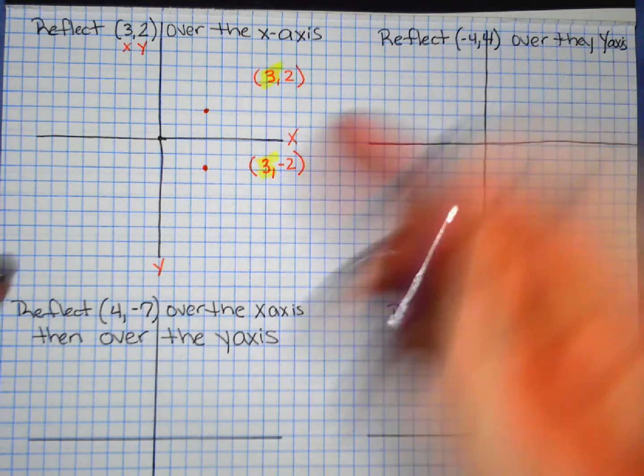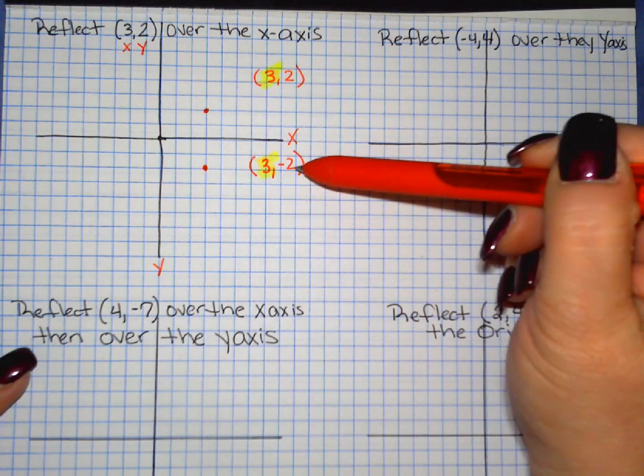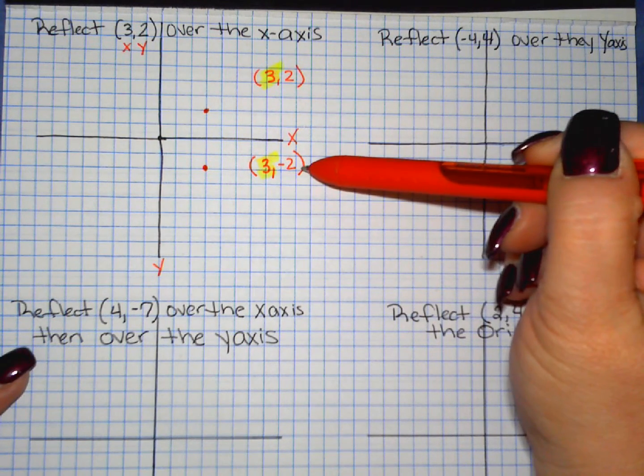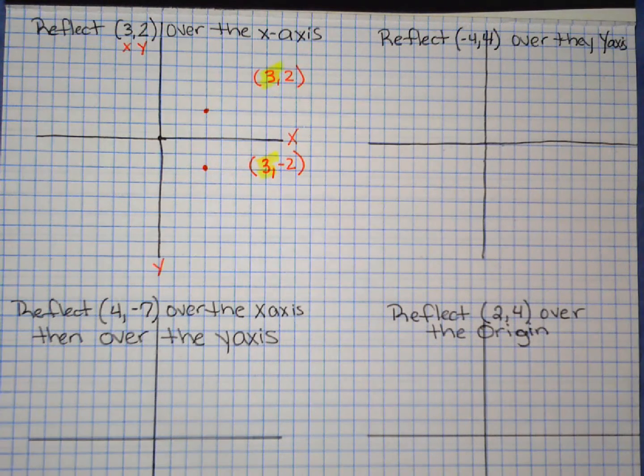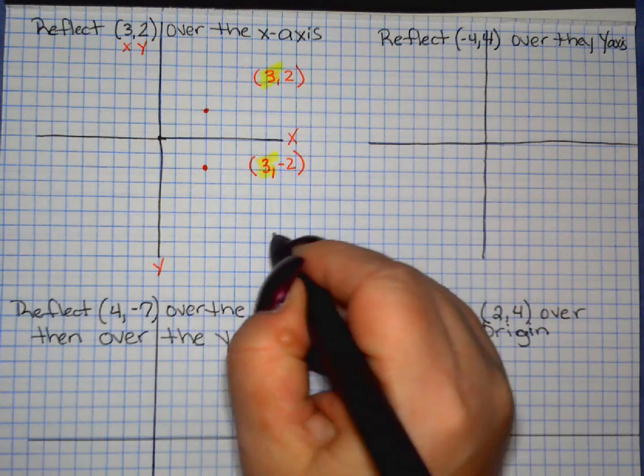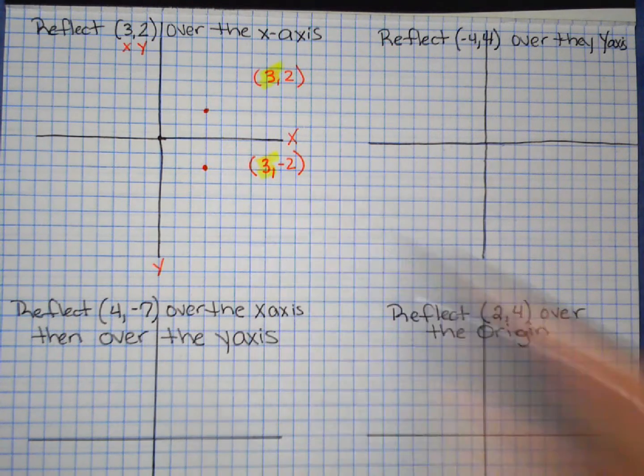And if I went backwards, the opposite integer for -2 is 2. So when we reflect over the x, the x doesn't change, but the y changes to the opposite, all right? And I can show you that again by doing, let's say, let's look at the ordered pair.